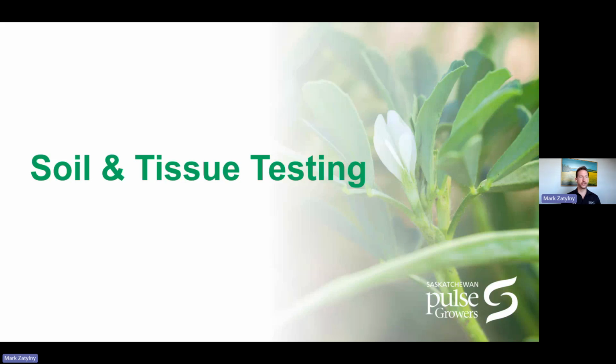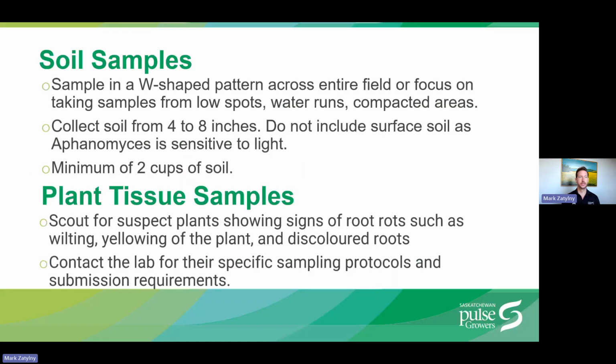So, as I mentioned earlier, there are soil and tissue testing options for growers. First one is soil samples. Lots of different labs are doing testing through the soil, like 2020, Discovery Seed Labs, and several more that you can find on the SPG website for a standard Aphanomyces soil test.